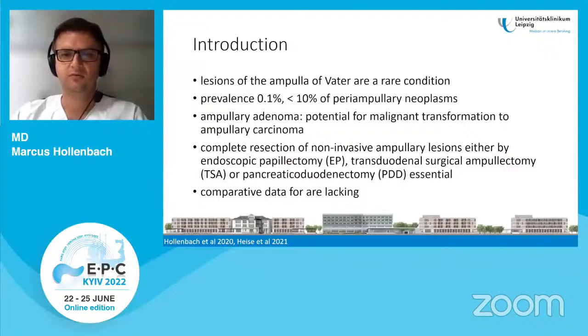This can be performed either by endoscopic papillectomy, transduodenal surgical ampullectomy, or a pancreatic duodenectomy. However, there are only case series published so far, and comparative data between the procedures are lacking.